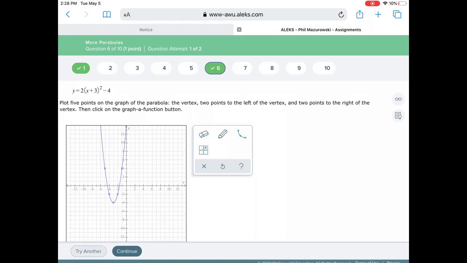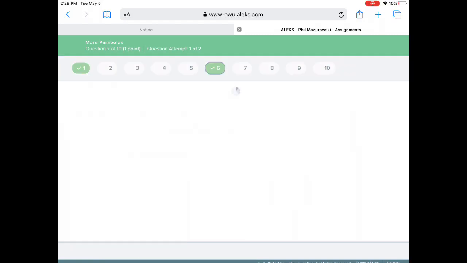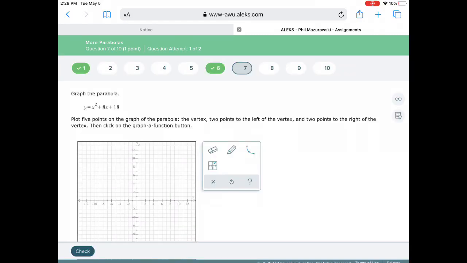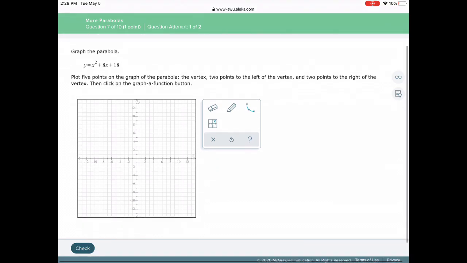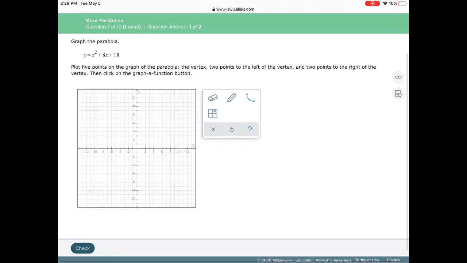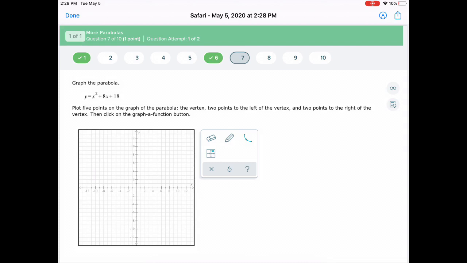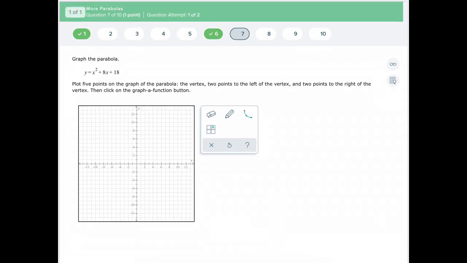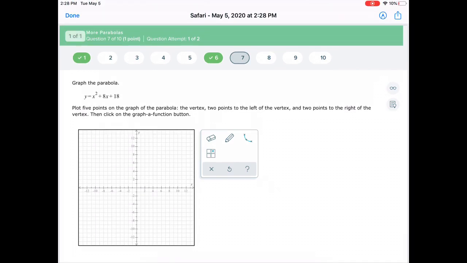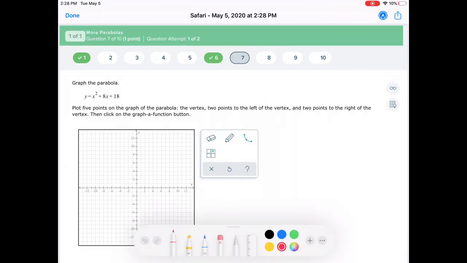All right. Let's move on to one that's in standard form. So here we have x squared plus 8x plus 18. So once again, we need to identify the vertex. It is going to be a lot more difficult to identify the vertex when it's in standard form, but you need to just remember -b over 2a to find the x value of the vertex.